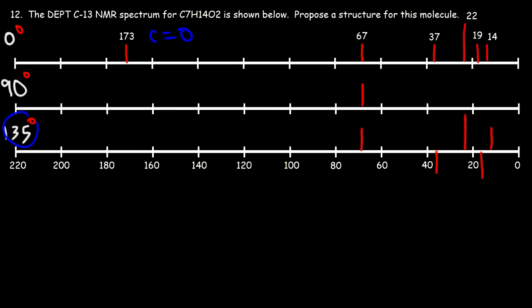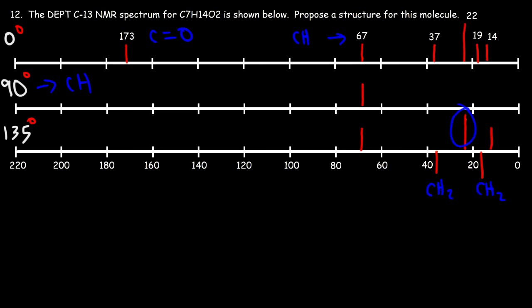Now, for 135, notice that we got these two peaks that are below the x-axis. And so these will correspond to the methylene CH2 group. Now, 90 only shows the CH carbons, which means that the signal at 67 corresponds to a CH carbon.